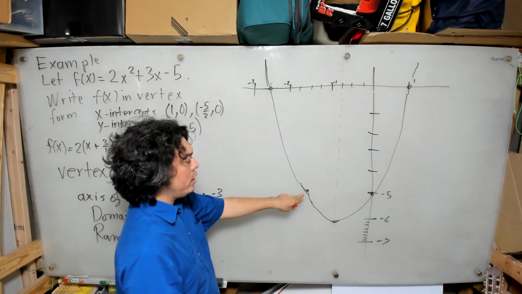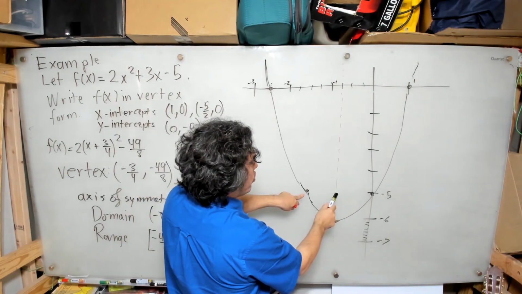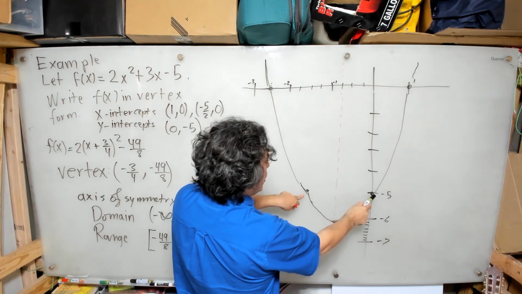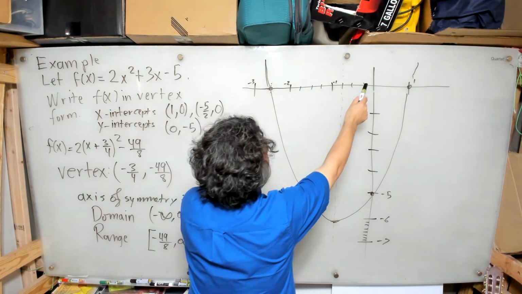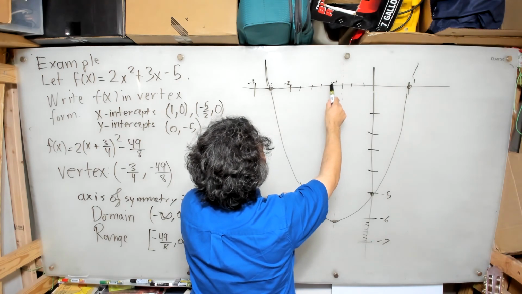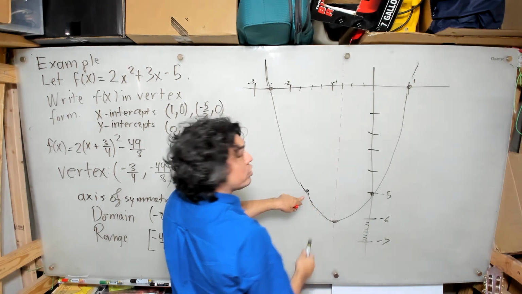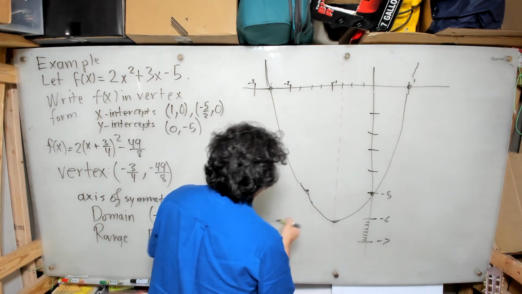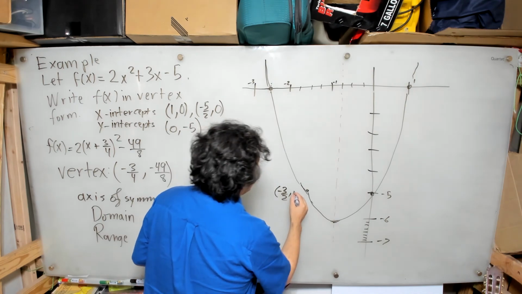And in fact, let's go through this a little more. This point, how did I get it? Well, I knew that I had to go 3/4 to go from the axis of symmetry to here, so I would have to go 3/4 this way. And if I count that out, 1, 2, 3, 4, 5, 6/4. 6/4 is 3/2. So I claim that this point is -3/2, comma, -5.